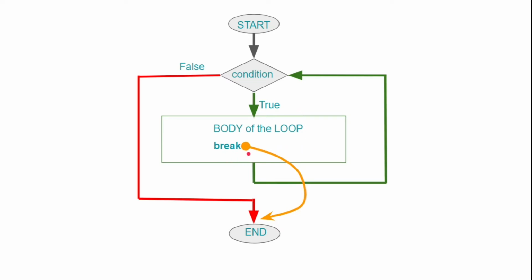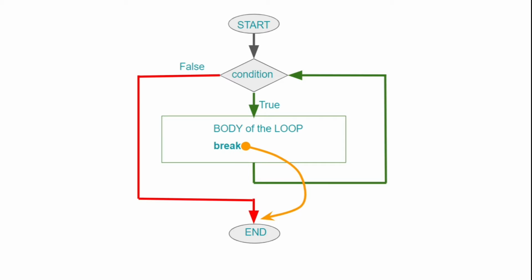That word enclosing automatically implies that whenever you are writing a break statement, it must be enclosed inside a loop. It means you must write that break statement inside the body of a loop. That is not always true. There is only one exceptional situation where you will be writing break which is not inside any loop.